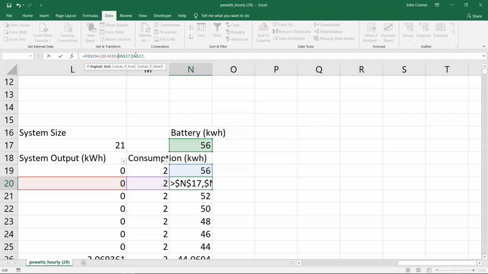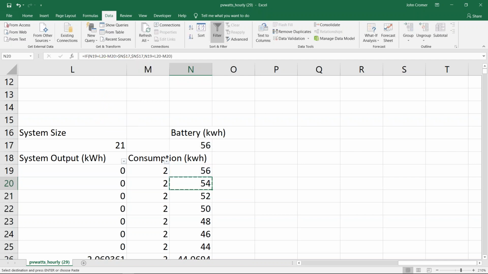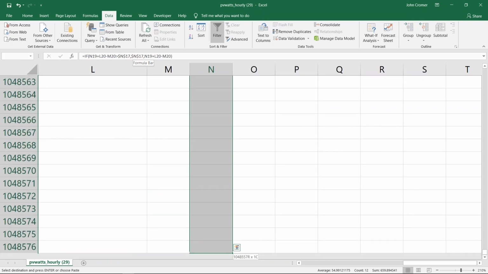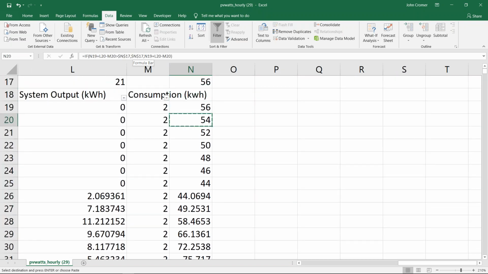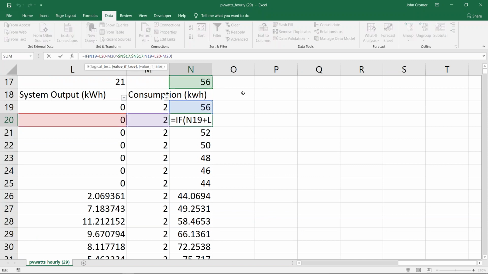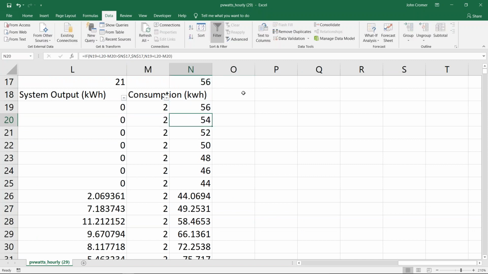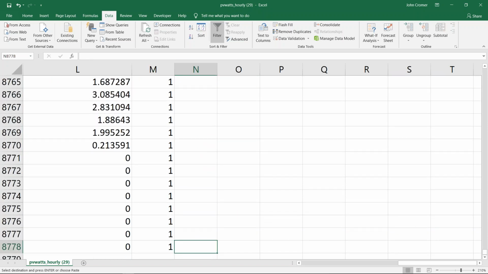Otherwise, I want it to be as we had just modeled it. I think I got all of that done correctly. So let's see.